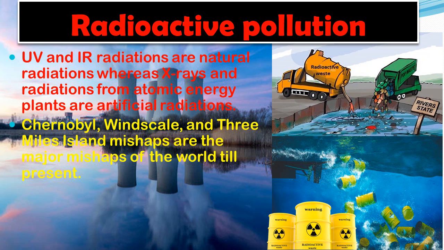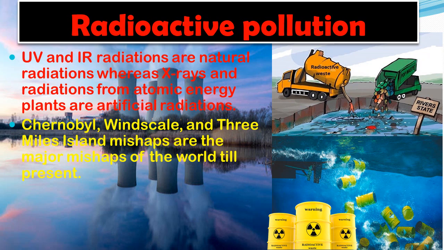These are the three major nuclear accidents which took place in three regions. Chernobyl is the nuclear plant in Ukraine, Windscale is a nuclear accident that happened in the UK, and Three Mile Island is a power plant accident in the United States.